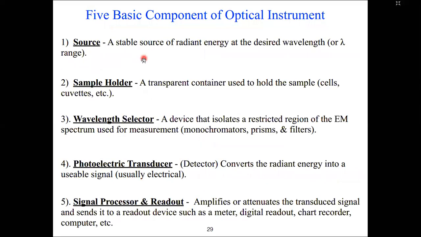So there are 5 major components in all optical devices. For all the optical instruments that we'll be discussing from now on, whenever it is asked, you should be familiar with these 5 components. These are very common components, and these are the components that we'll be discussing today.